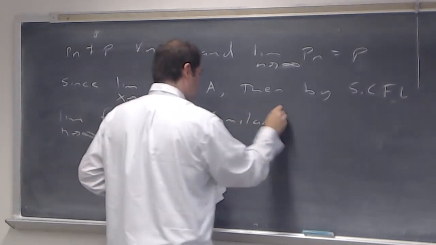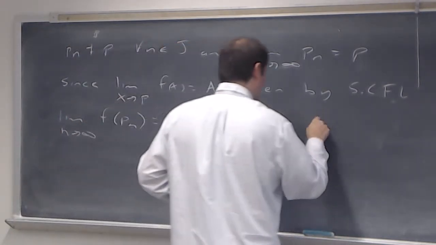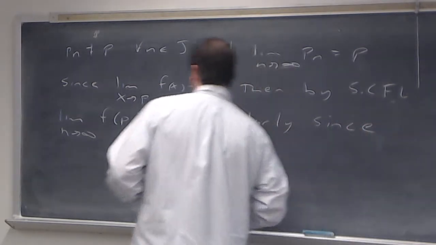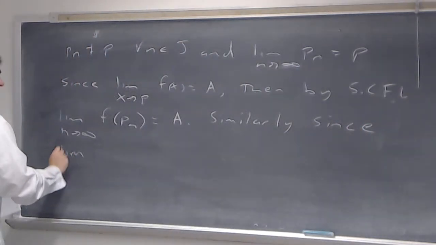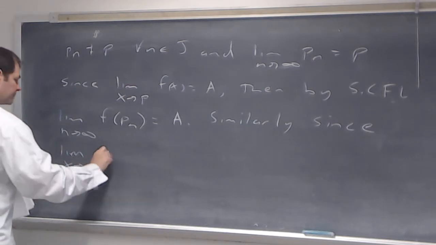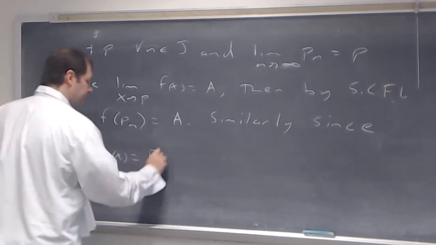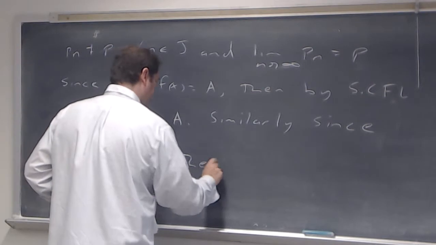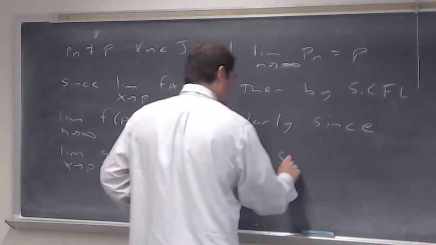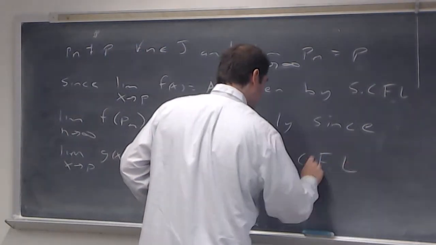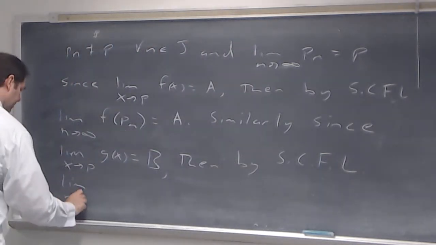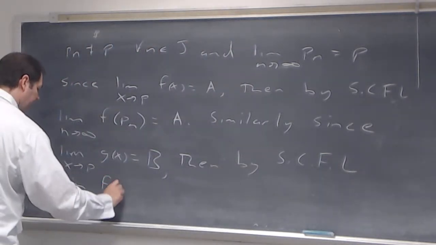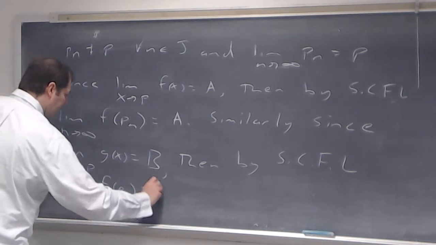Similarly, since the limit as x goes to p of g of x equals b, then by the sequential criterion for function limits, the limit as n goes to infinity of g of p sub n will be equal to b.